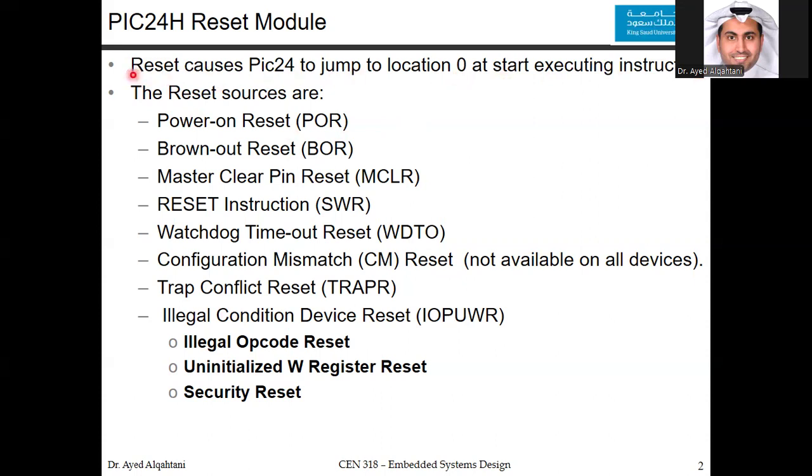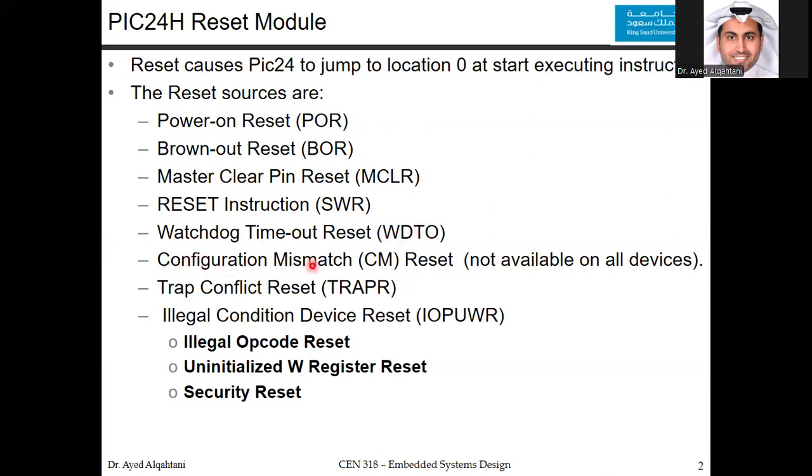Now, what are the sources that can cause a reset for you? You have the power on reset, or the POR. We have a brownout reset, which is the BOR. We have a master clear pin reset, the master clear. We have a pin specialized for that. We have the reset instruction, which is the software reset. We have a watchdog timeout reset, the watchdog timer timeout.